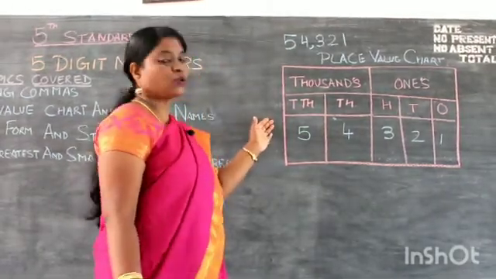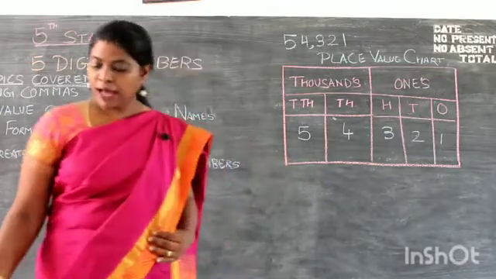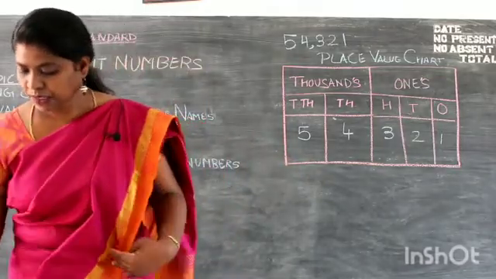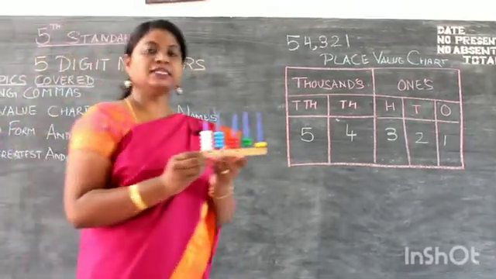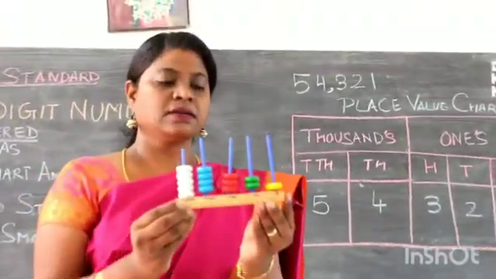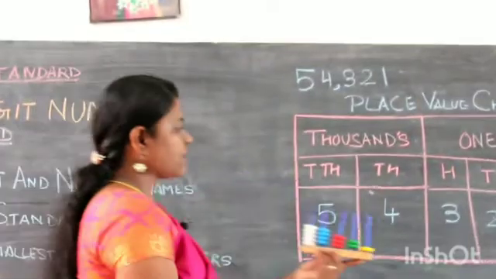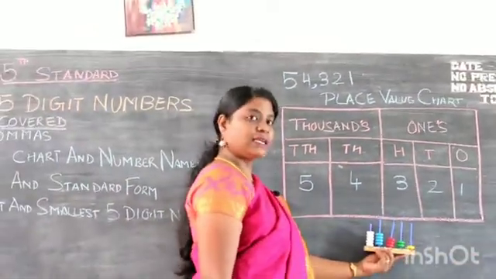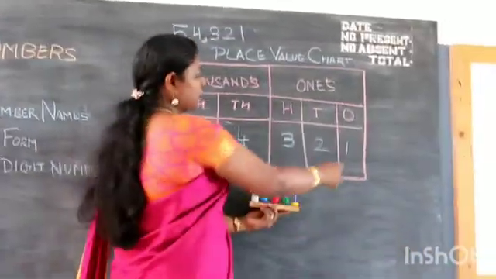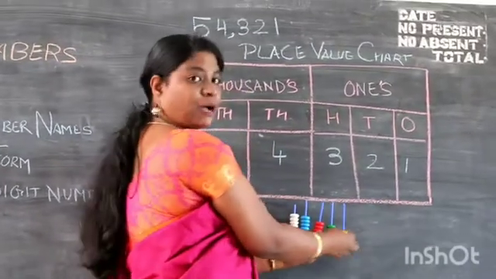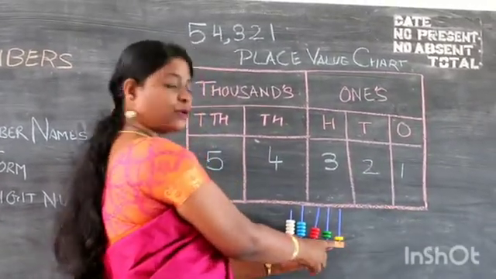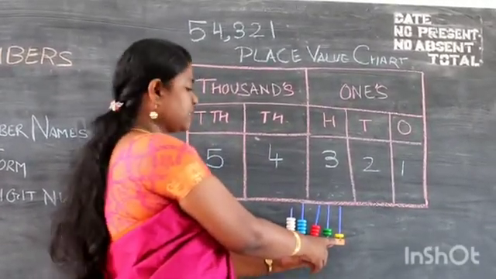I'm also going to show you how you place it in your abacus. Okay, look at this abacus, children. It is very similar to what we have done in the place value chart. Can you see this? Now in your ones place there is just 1 bead, and you see a 0 here. 0 is for ones place.